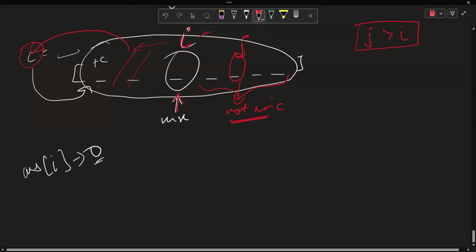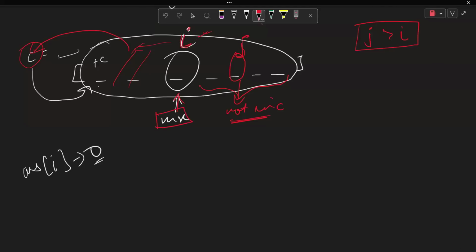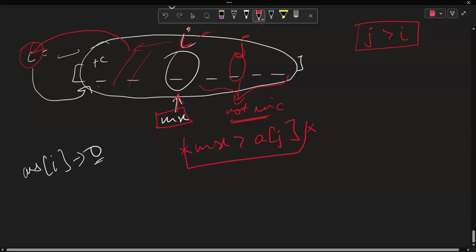And if we are not removing this I, it would remain at least mx. So if this mx was greater than aj, if aj is not increasing and this mx is not decreasing, it would still remain the same.